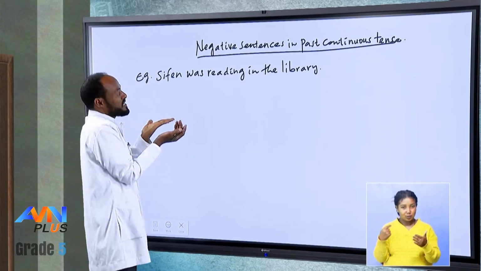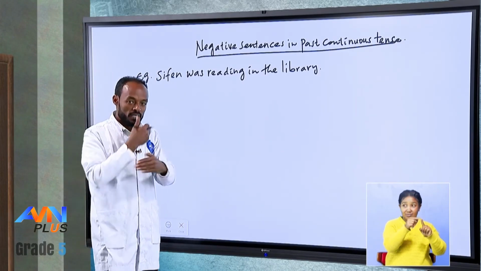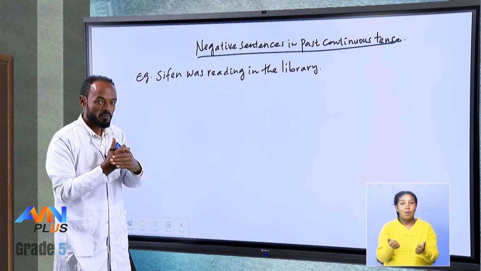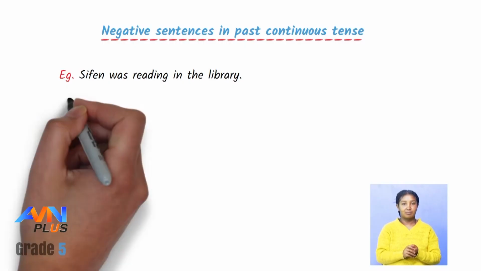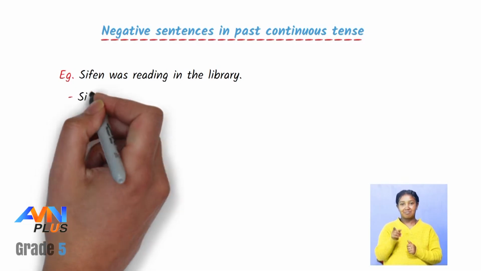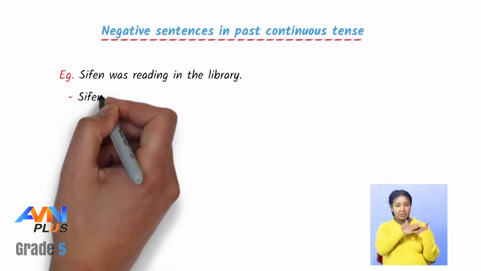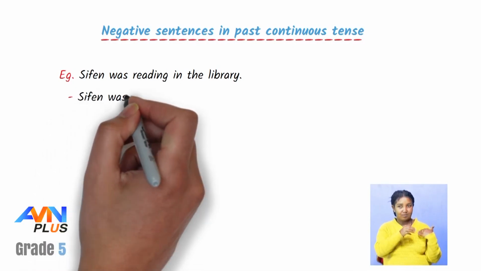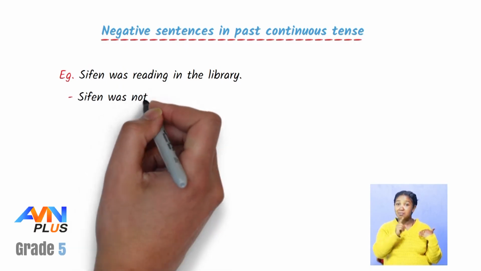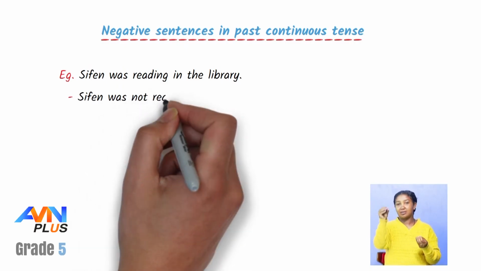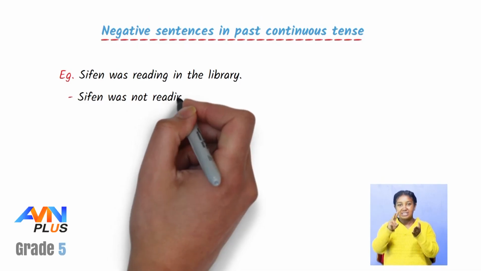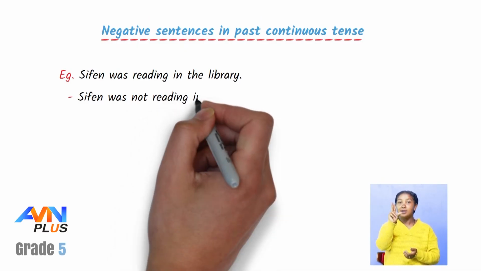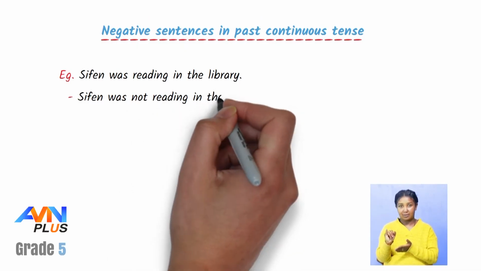Look, Stephen was reading in the library. So, how can we change this sentence into negative form? Bravo. Come on. The subject should be here, then was, and the next one should be not. Was not reading. Stephen was not reading in the library.